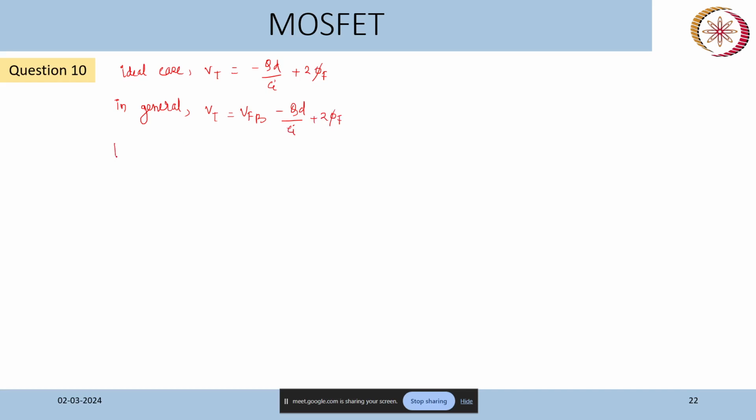Here the flat band voltage VFB is given as the work function difference between metal and semiconductor, and the other interface charges present inside the oxide layer. So be careful with the signs here. This is the depletion charge. Ci is the oxide capacitance.